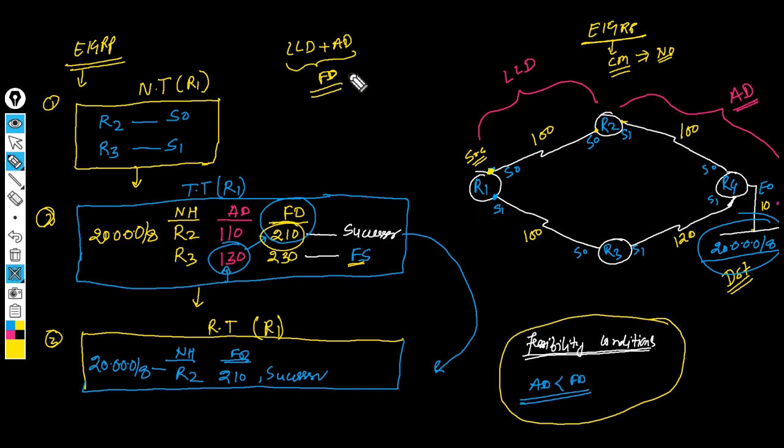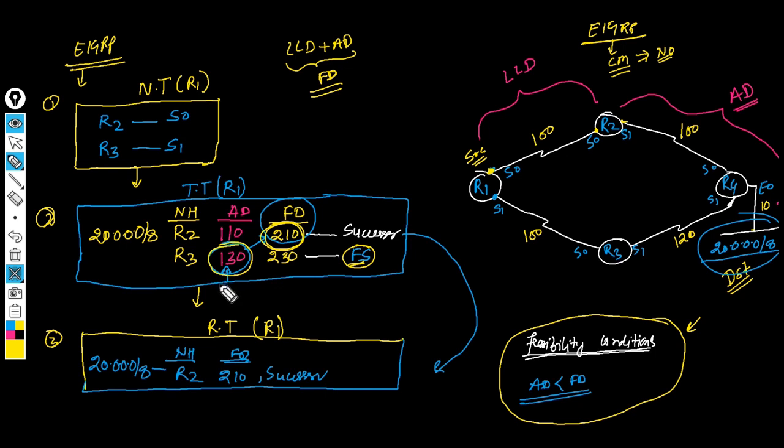That is your composite metric actually. Also, the feasibility condition is all about this: the second best path advertised distance should be less than the feasible distance of your successor. It's like 210 and here it is 130. So 130 is less than 210, that's where it is a feasible successor.